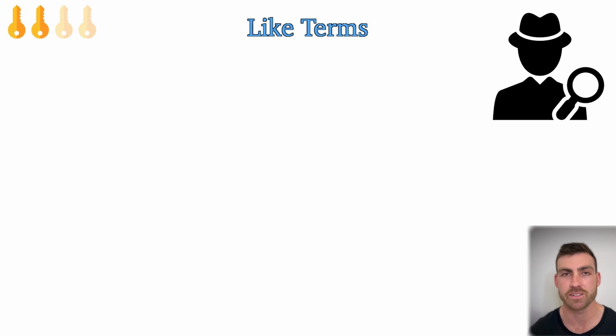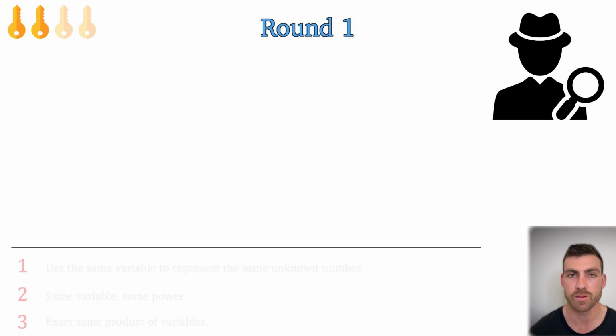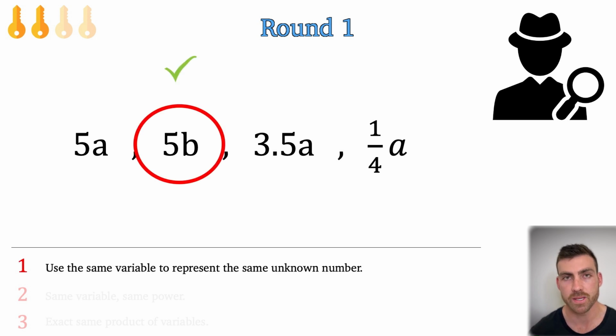Here you are a detective. I'll reveal 3 expressions each time you need to uncover the imposter, which is the term that is not a like term to the others. Try get 3 from 3. Here is the first expression. If you selected 5B, you are correct, since it is a different variable.